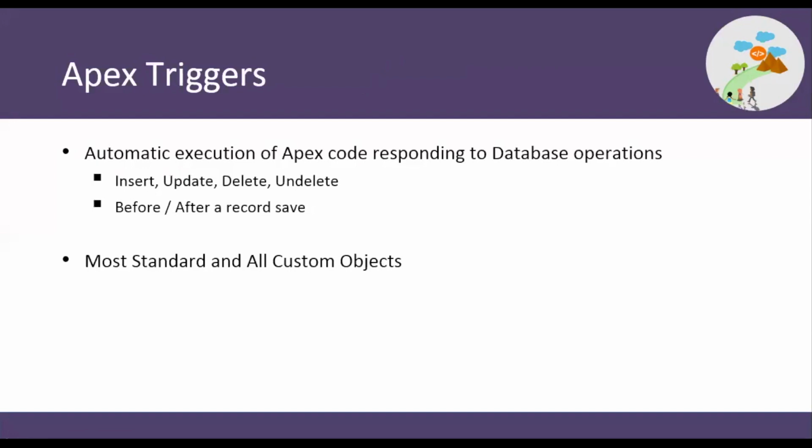Let me just help set the context here. We're not going to be talking about how to write Apex triggers in this particular session. This session is not about learning to write Apex triggers. The assumption is that you already know what triggers are, and we'll just do a quick brush up on that.